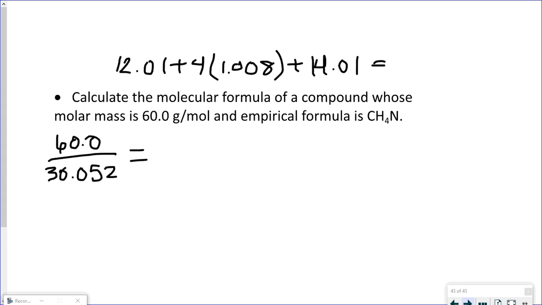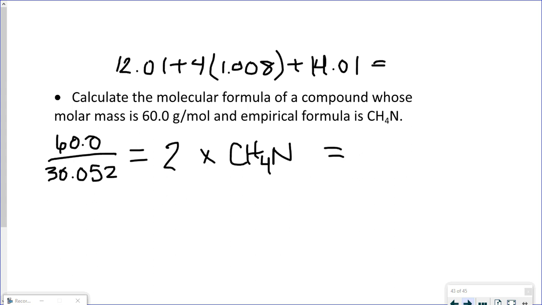So if we divide those, remember you should end up with a whole number. So the calculator tells you it's 1.996, so that would round up to 2. And remember, that is the number that we multiply by all of our subscripts in our empirical formula, so you can easily just distribute it across.